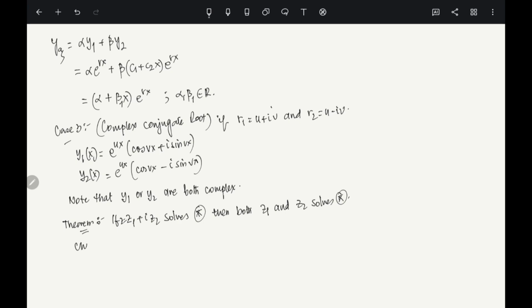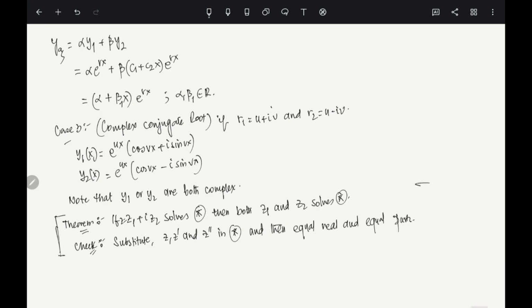Please check this part, I am not going to do the solution. Substitute z prime and z double prime in star, and then you equate the real and imaginary parts. So you get the theorem.